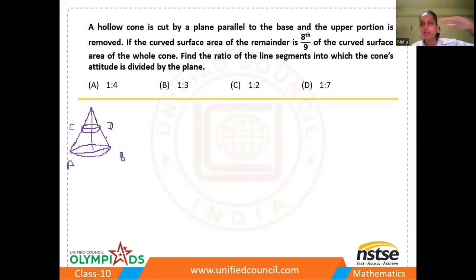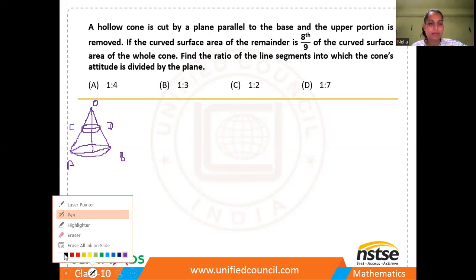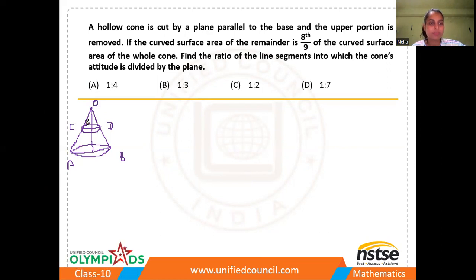AB is the diameter of the lower circle, CD is the diameter of the upper circle. Let's suppose this point is O, and I have to give names to these two points also. Let's suppose this is E and this is F. Okay, this is my cone.